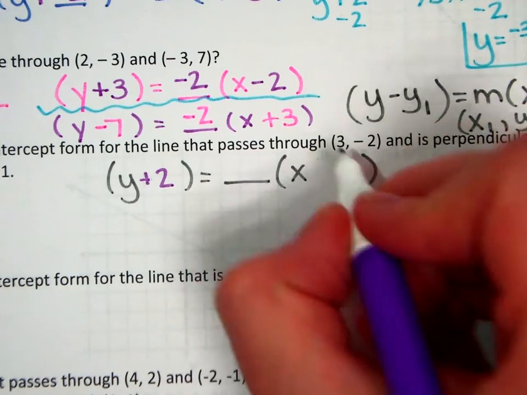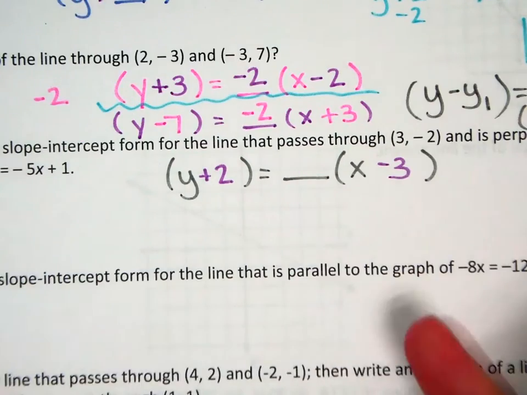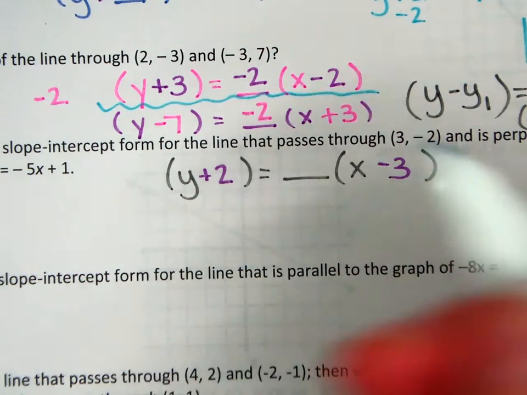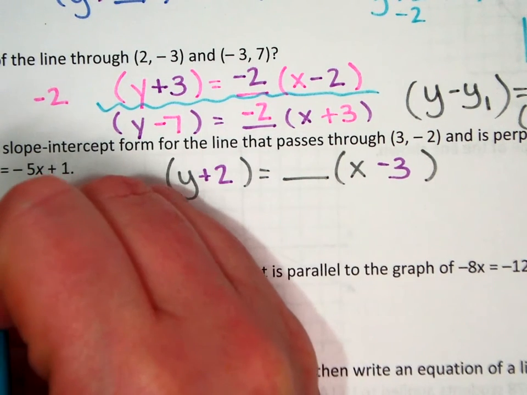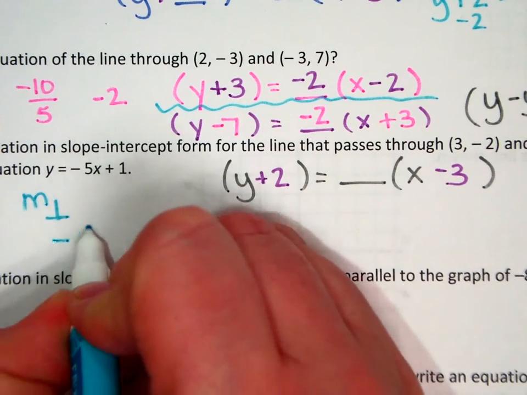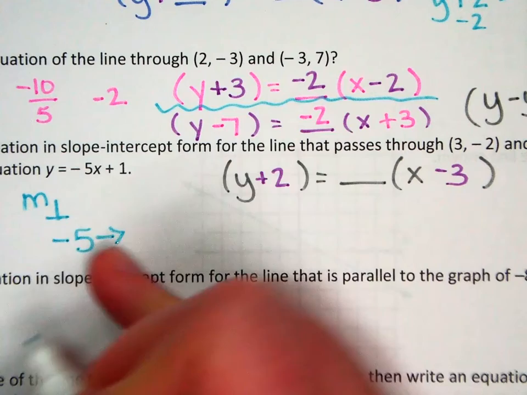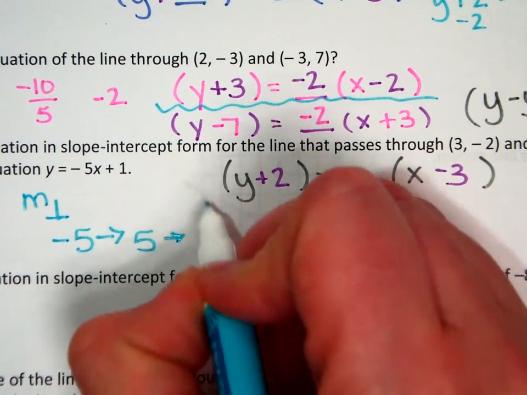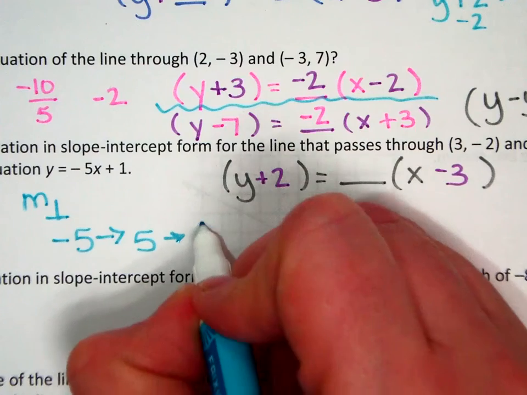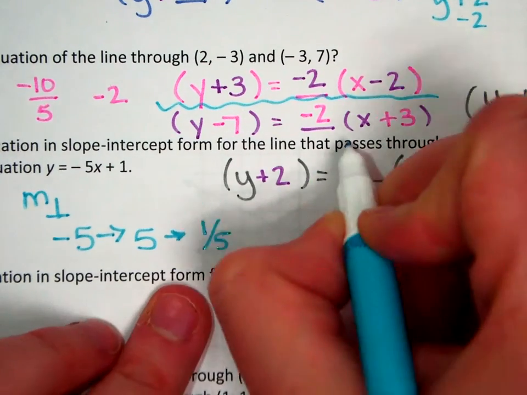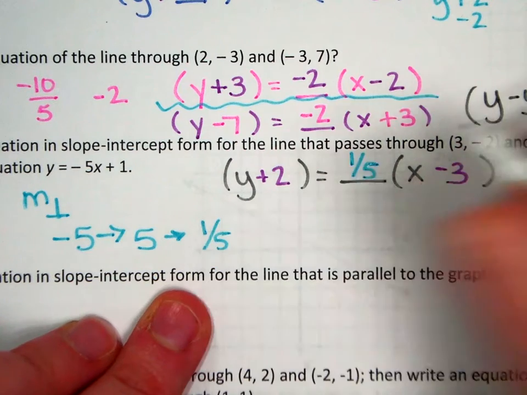And x minus 3 is a minus 3. And then my slope, if I'm going to be perpendicular, it's called the opposite reciprocal. So what I do in my mind is negative 5. I flip the sign to do the opposite, so I get 5. And then I flip the fraction, or I write the reciprocal, which is 1/5. So my slope that would go into here is 1/5.